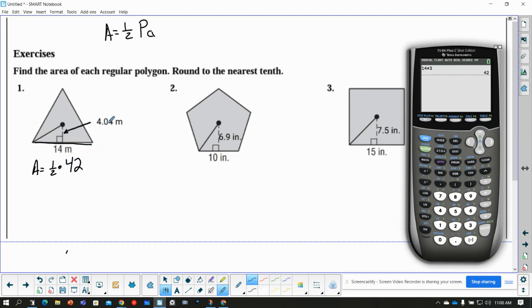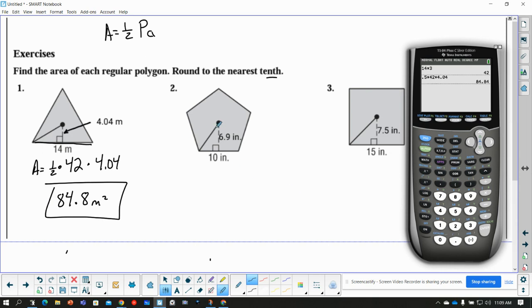Apothem is 4.04. So we're going to do 0.5 times the perimeter of 42 times 4.04, and we get 84.84. Since it says to round to the nearest tenth, 84.8 would be our answer. So 84.8 meters squared is the area of this triangle.